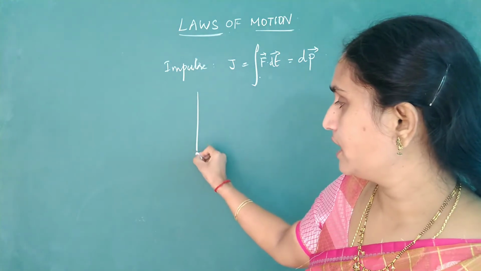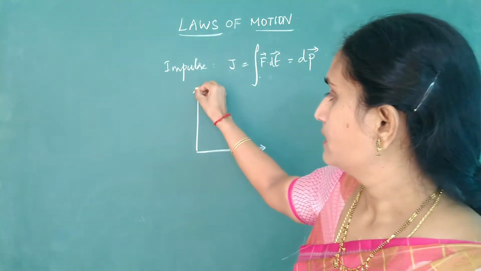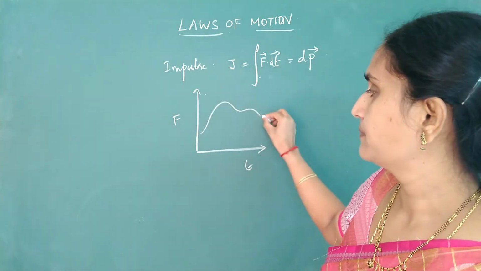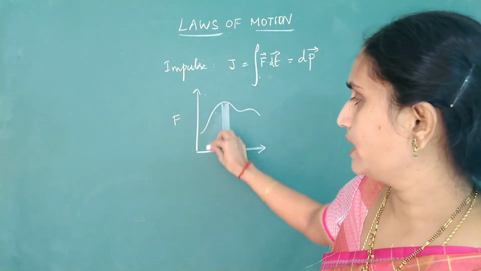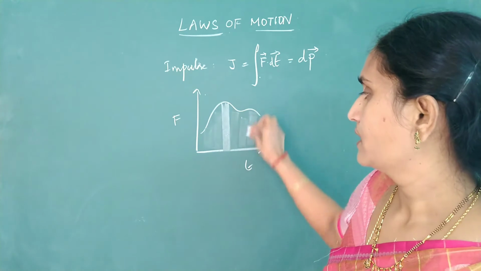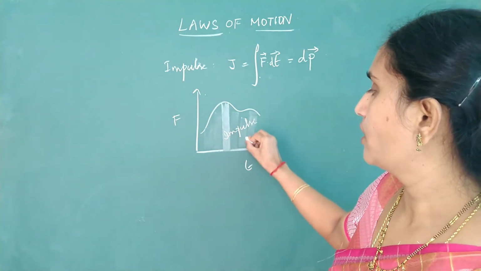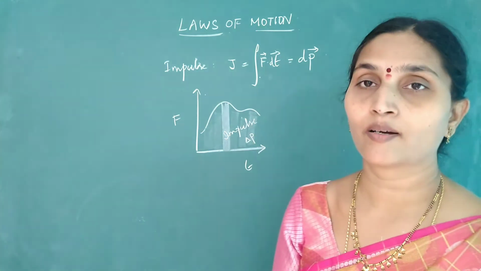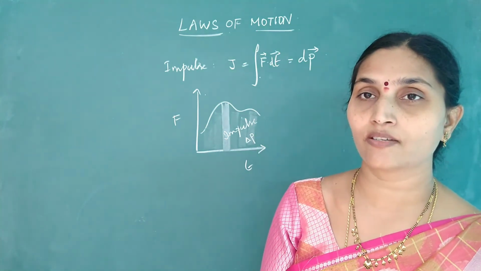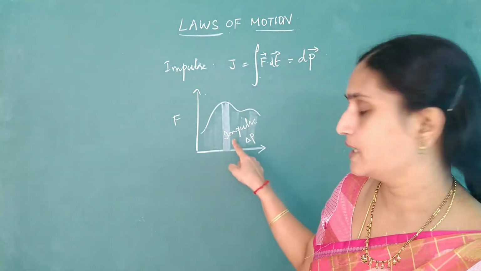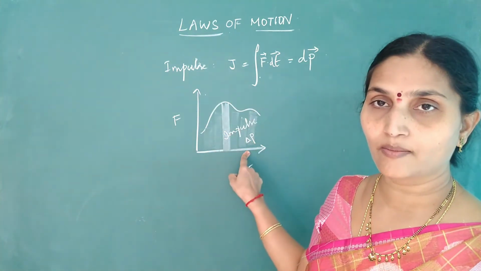And if you have a variable force, the area enclosed by the force versus time graph, this whole area, gives me impulse or change in momentum. If a graph is given between force and time, then the area enclosed is a measure of impulse or a measure of change in momentum.